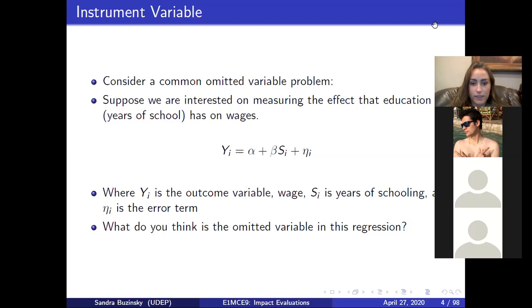Ability would definitely be the unobservable variable. And then Nicholas says initial socioeconomic status. That's true. If you come from a richer family, you're probably going to get more years of education, and maybe they know people that will get you into a better job too. So that's kind of affecting years of education and your outcome variable.